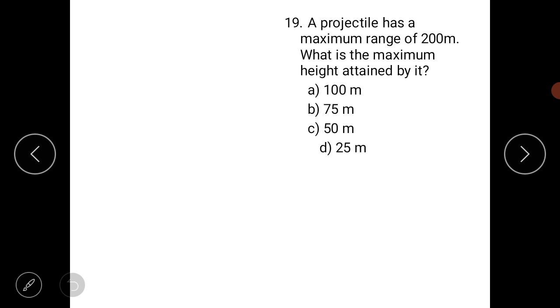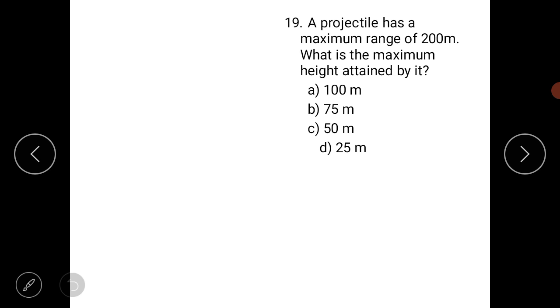Question number 19. A projectile has a maximum range of 200 meter. What is the maximum height attained by it?